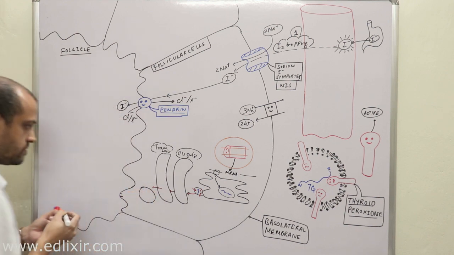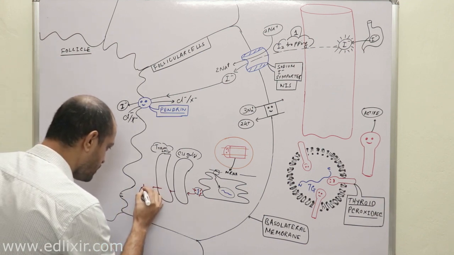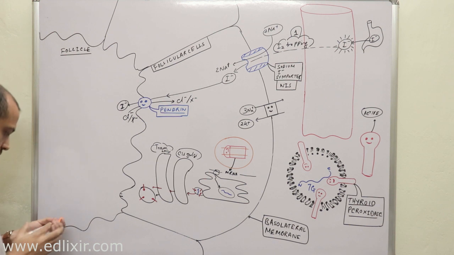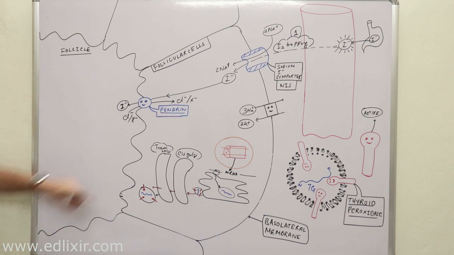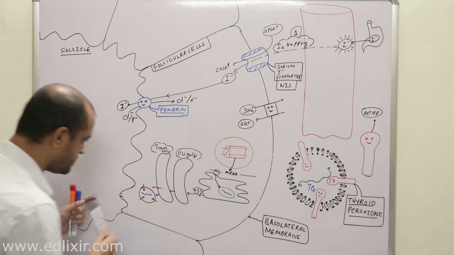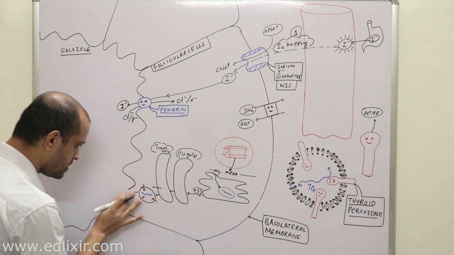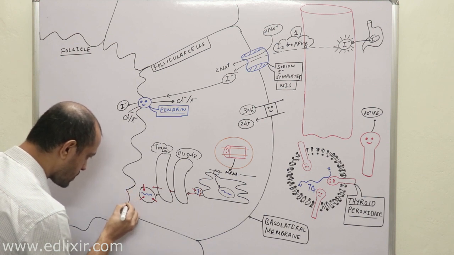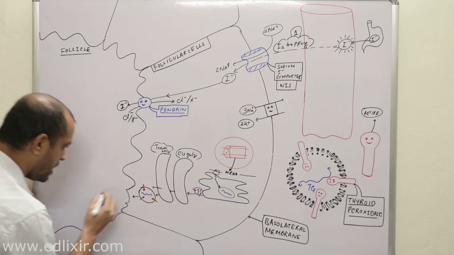When the final vesicle is released from the trans-Golgi network, what happens is this: when this vesicle combines with this membrane, this thyroglobulin molecule is released.